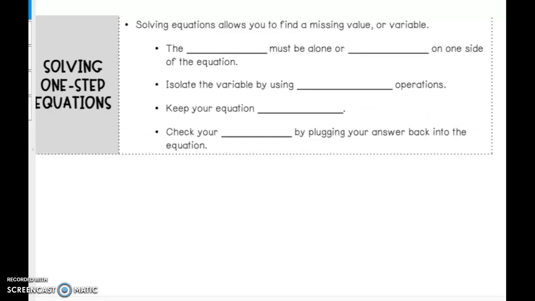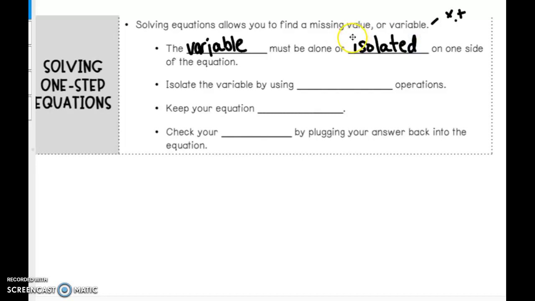So solving one-step equations allows you to find a missing variable. Remember, variables are the x, the t, the letter that is set for something else. So the variable must be alone, or we can also say it has to be isolated on one side of the equation.